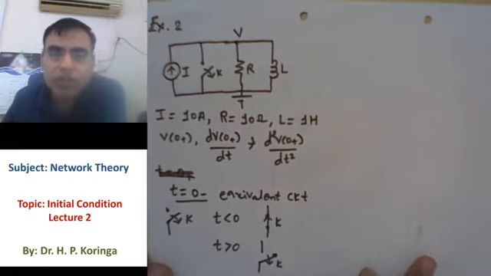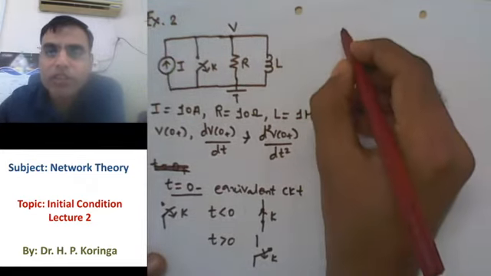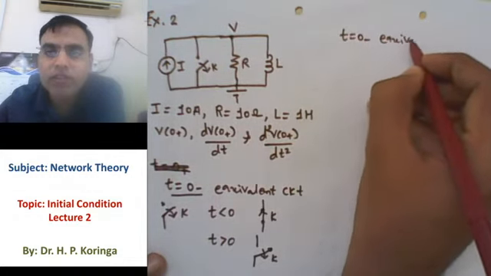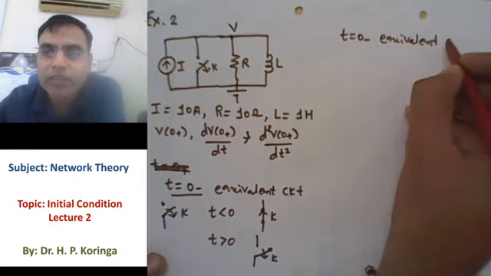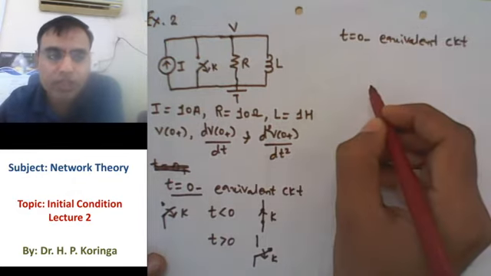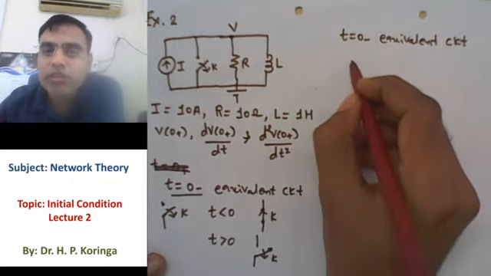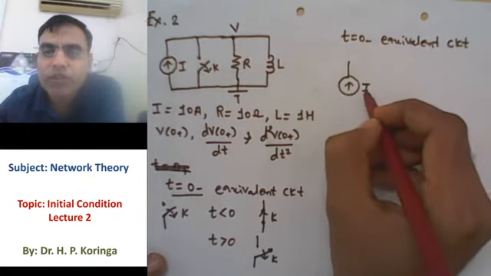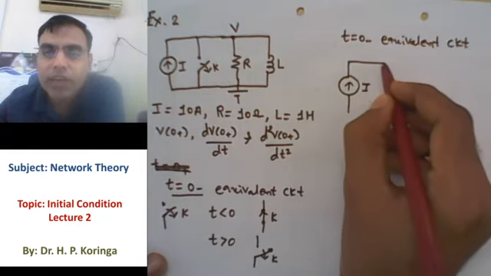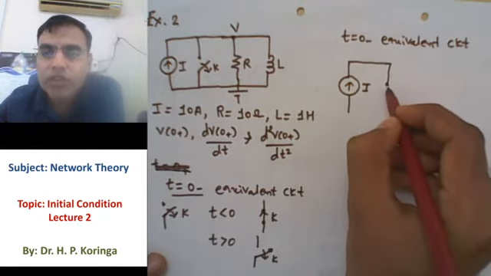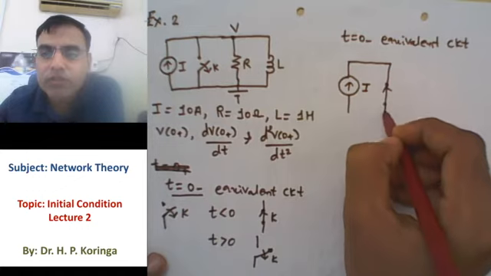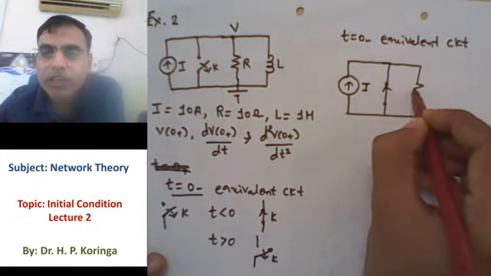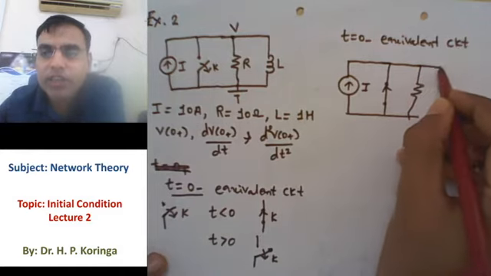So for t greater than 0 it works as an open switch. Right. So let me draw the t equal to 0 minus equivalent circuit. From this we will find whether the inductor is charged or uncharged. At t equal to 0 minus time, this current source I ampere, and the switch works as a closed switch, and here we have the resistance and the inductor.